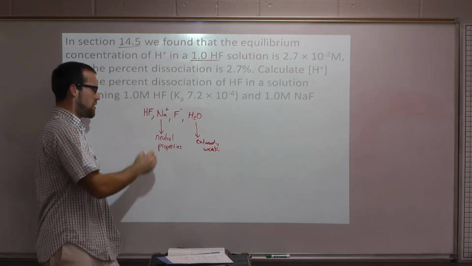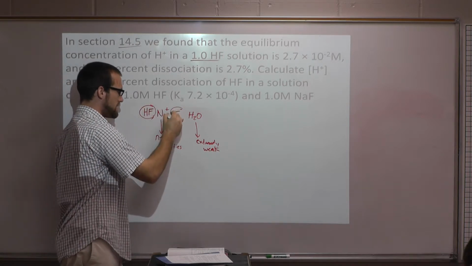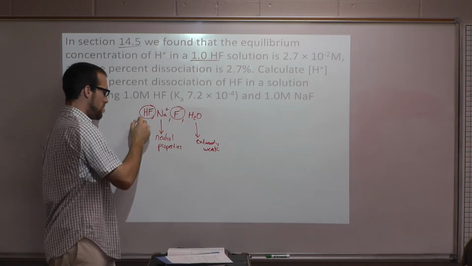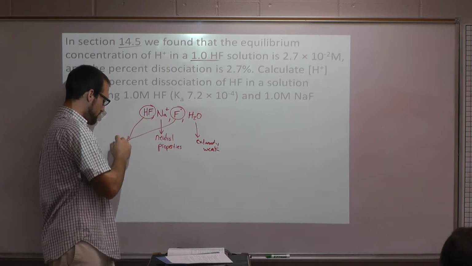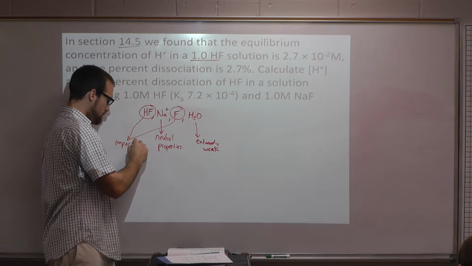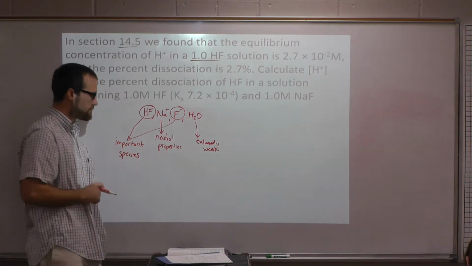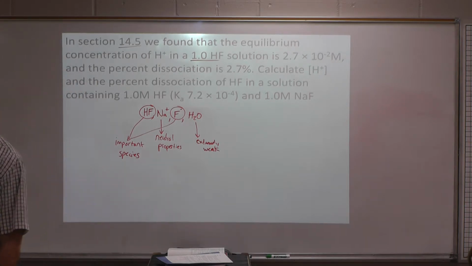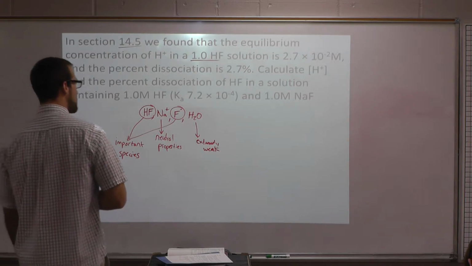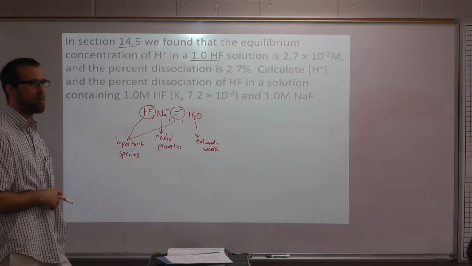So what is going to be important for this particular problem is that this and this are important species. When you're doing these salt problems, you have to be able to identify the ion that's important.